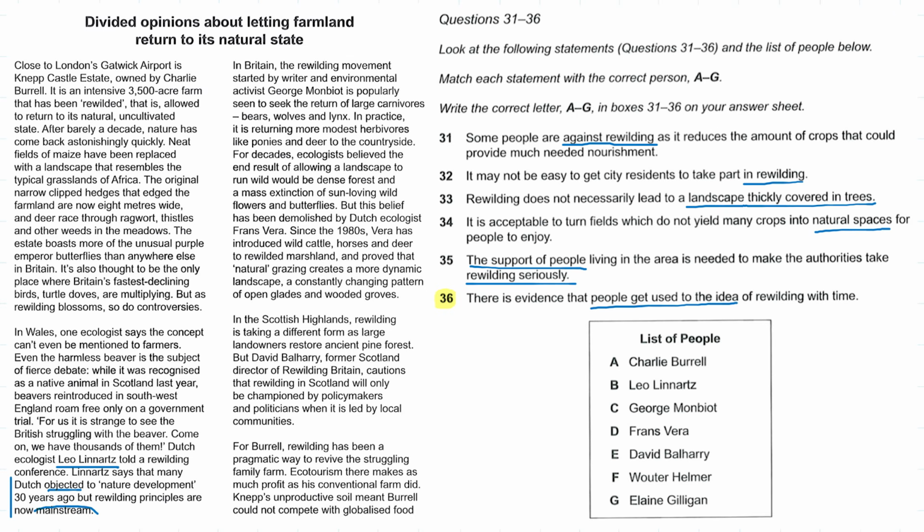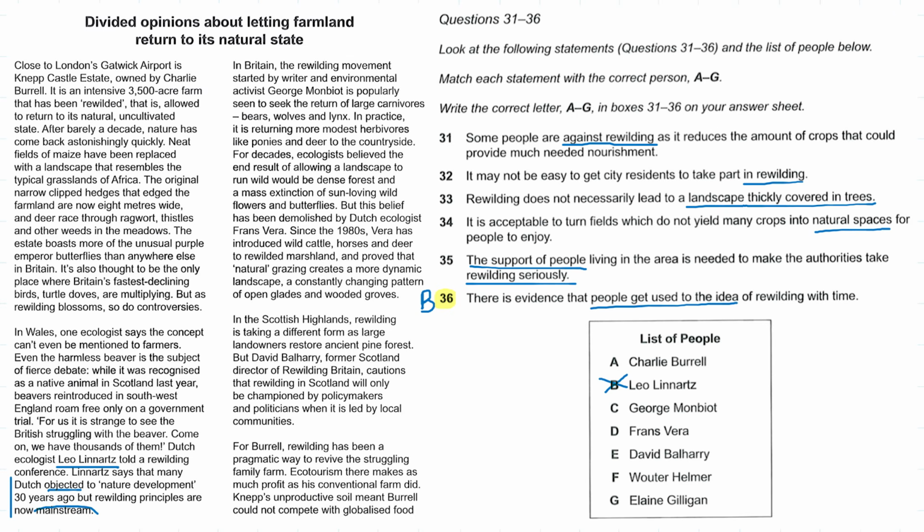There is evidence that people get used to the idea of rewilding with time. So it was not popular, people objected, now it's mainstream, so they got used to it. 36. B.